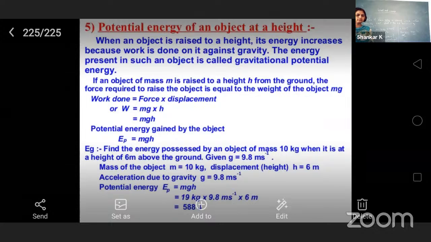Are you listening? When I am asking questions, please respond. Sanjana, tell me, which one can you raise to a height, stone ball or plastic ball?